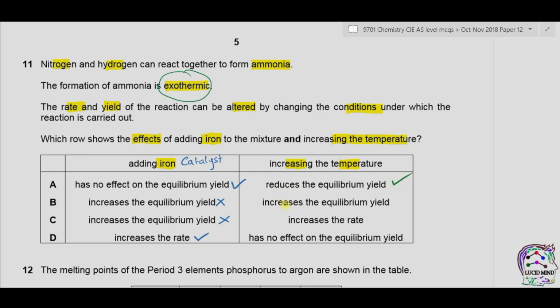Increases the equilibrium yield: this is incorrect. Increases the rate of chemical reaction: this is true as kinetic energy is increased. And the last one is that it has no effect on the equilibrium yield. This is untrue because this is an exothermic reaction and the reaction will move in the backward direction. The correct answer is therefore A.